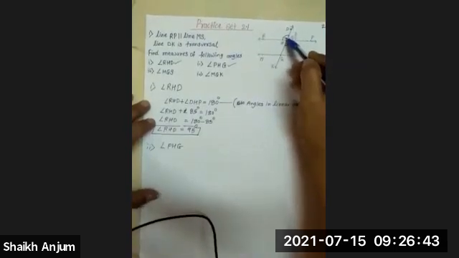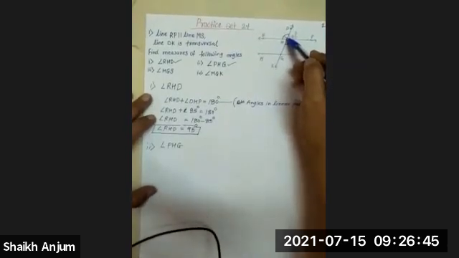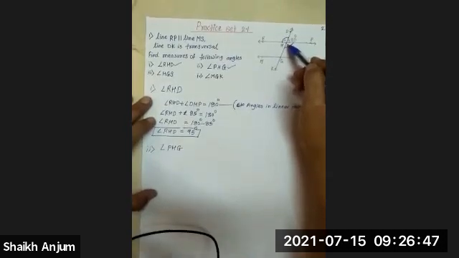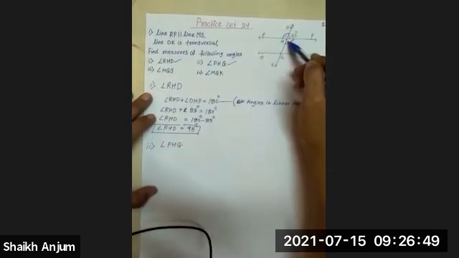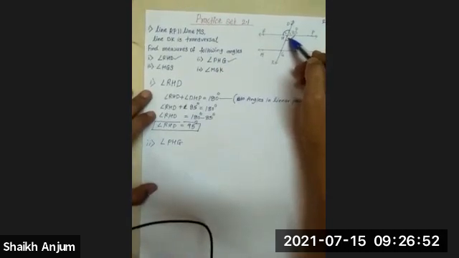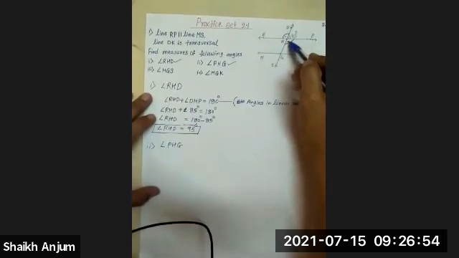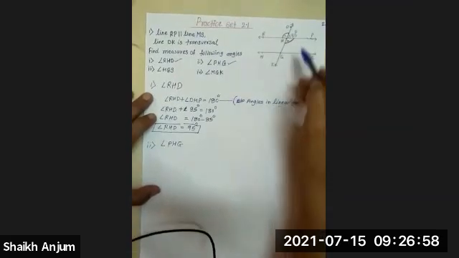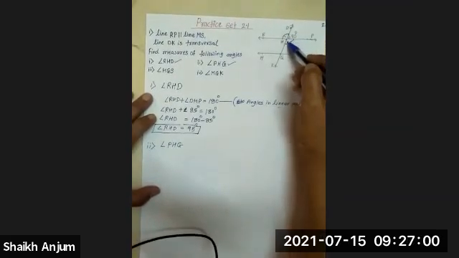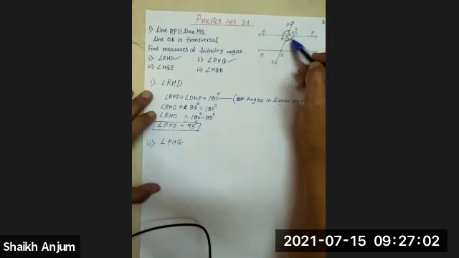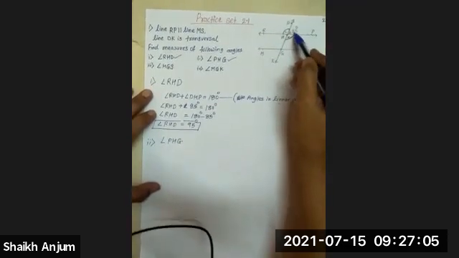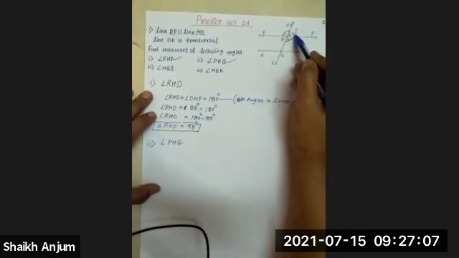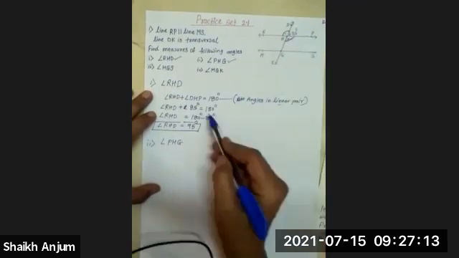As vertically opposite angles are congruent to each other, that will also be 95 degrees. You can also use the property of angles in linear pair, because these two angles are a linear pair. So again, 85 will be subtracted from 180 degrees.